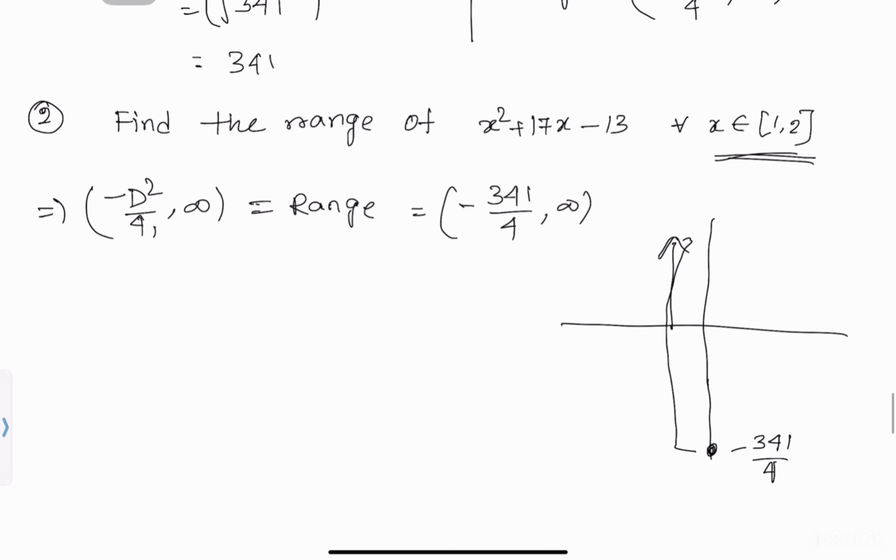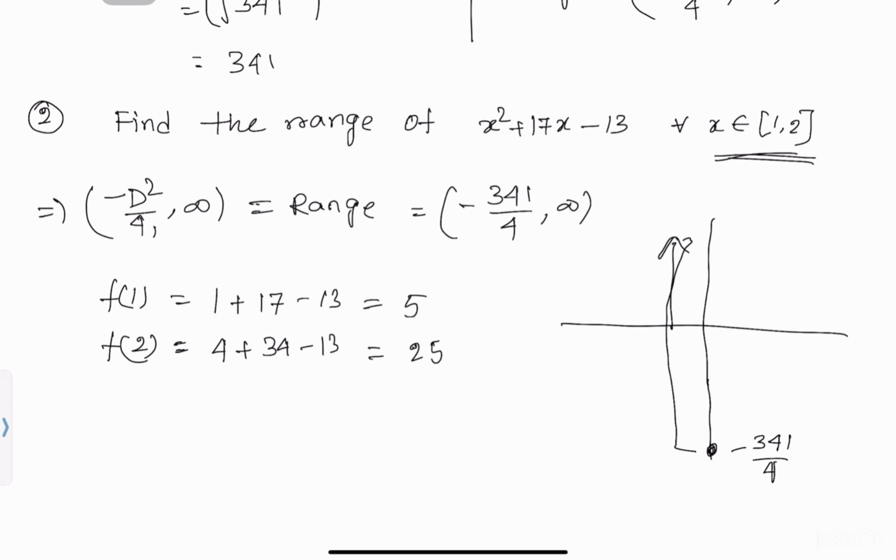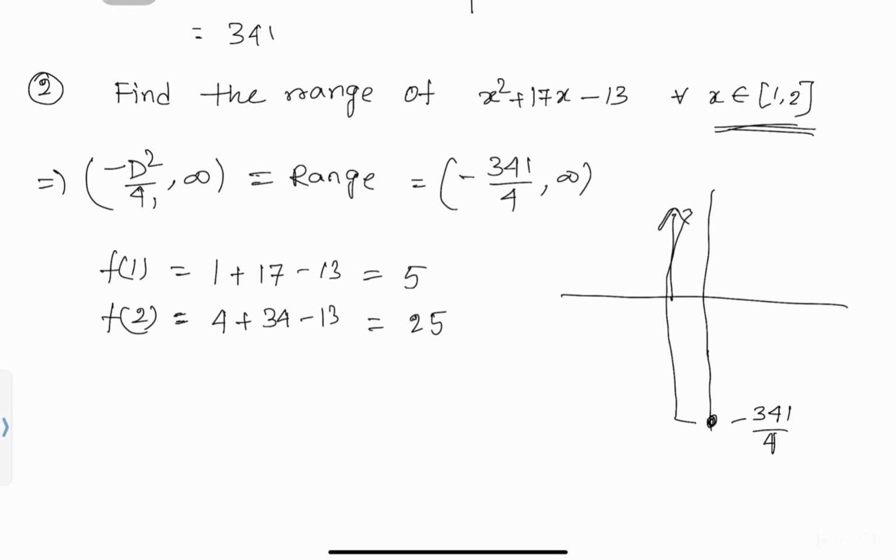So find the corresponding f of 1 value. f of 1 means 1 square plus 17 minus 13. This should be 5, and f of 2 is equal to 4 plus 34 minus 13. This should be 25. Okay, f of 1 is 5, f of 2 is 25.